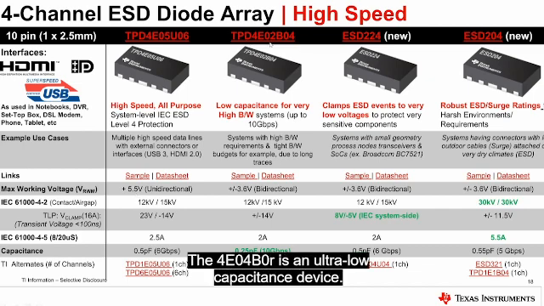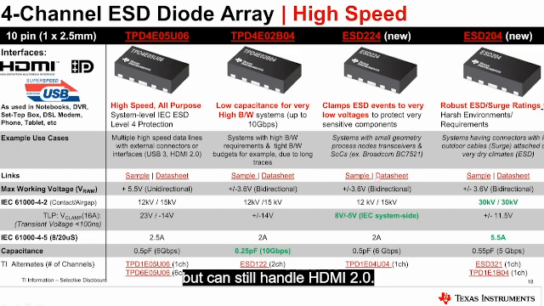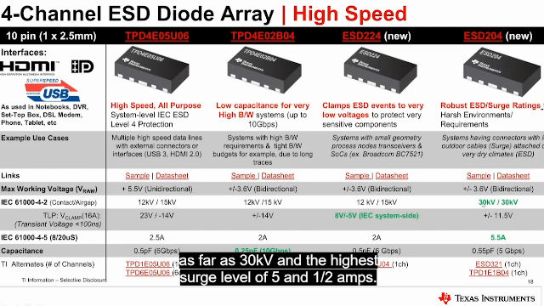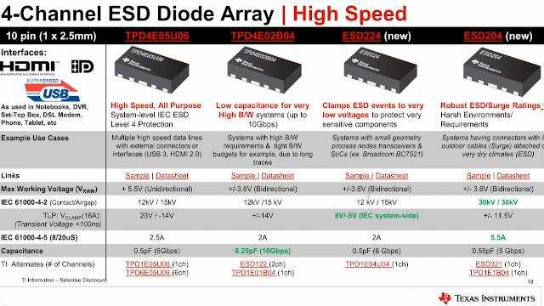The 4E02B04 is an ultra-low capacitance device. The ESD224 isn't exactly flow-through because it does have a series element internal to it, but it has the lowest clamping performance of our entire high-speed devices, and can still handle HDMI 2.0. And then our ESD204 is our highest performance as far as 30 kV and the highest surge level of 5.5 amps.